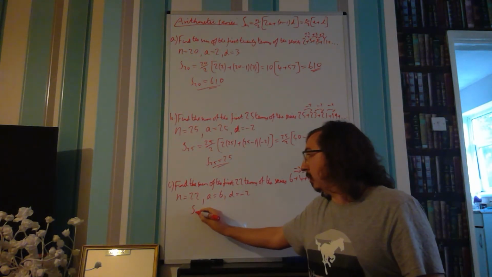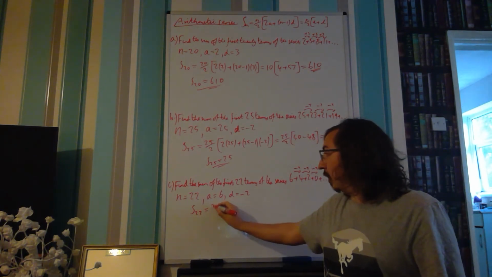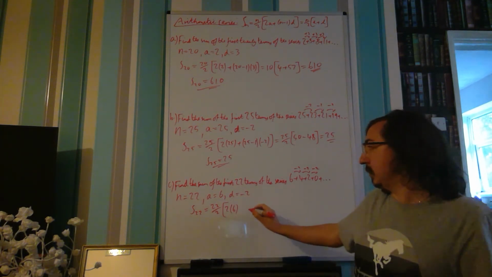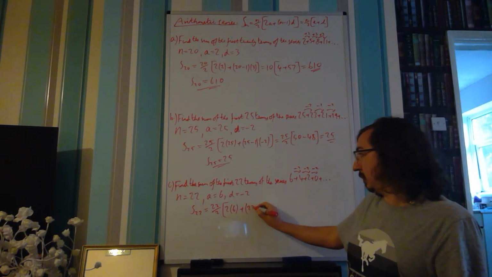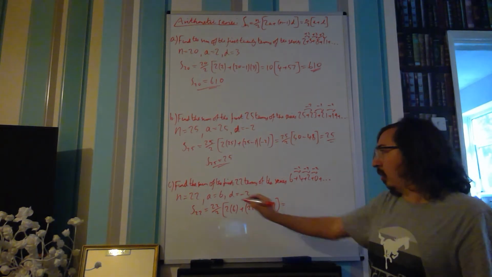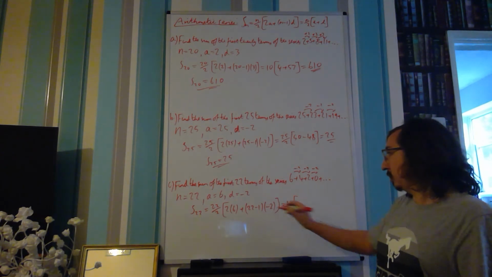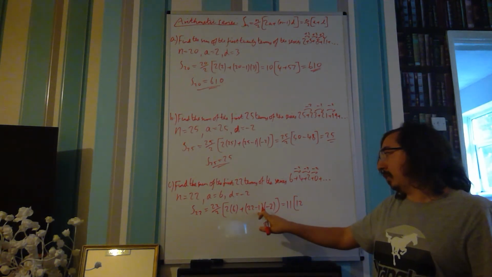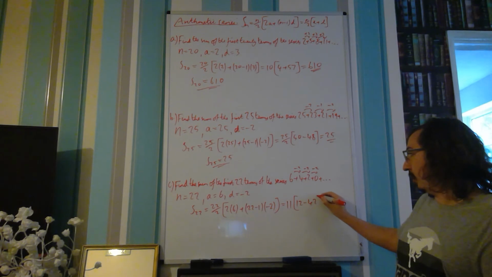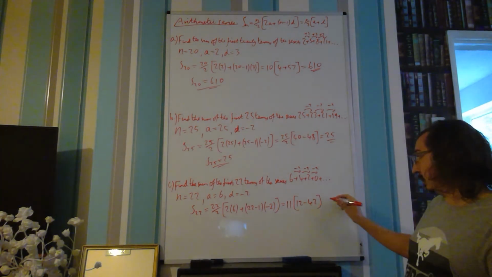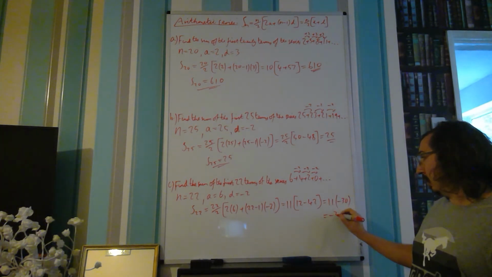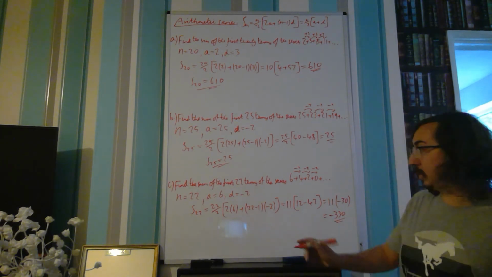Substituting them into the formula, the sum of the first 22 terms is equal to 22 over 2 times 2 times the a value, which is 6, plus our n, which is 22, minus 1 times our d value, which is minus 2. 22 over 2 is 11, 2 times 6 is 12, 22 minus 1 is 21, times that by minus 2, which is minus 42. 12 plus minus 42 is minus 30, and 11 times minus 30 is minus 330.